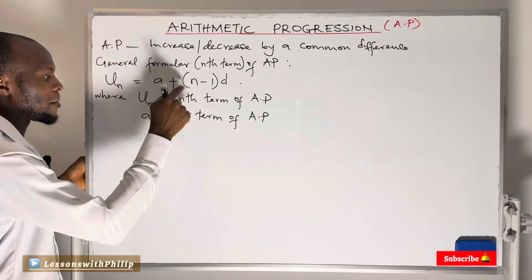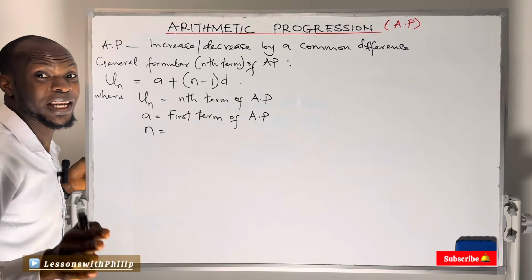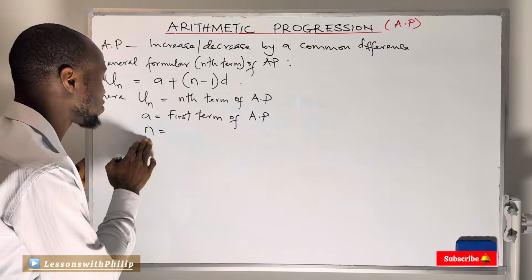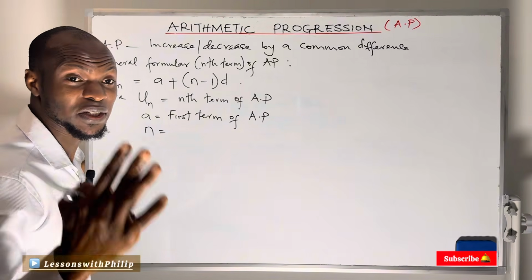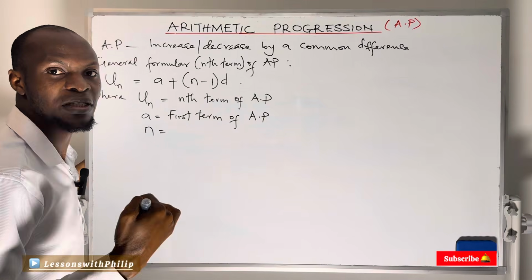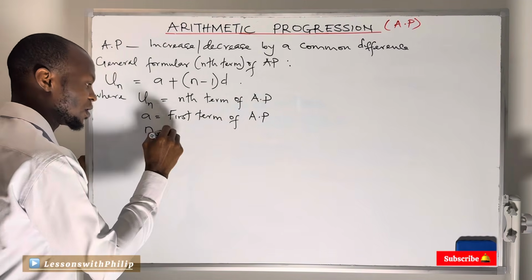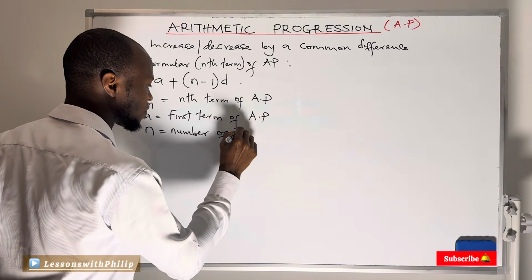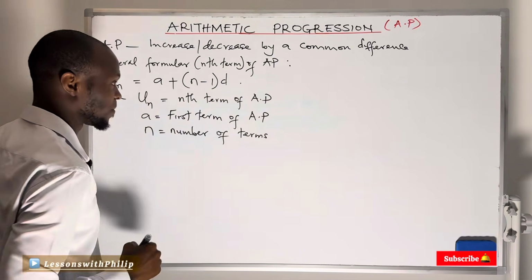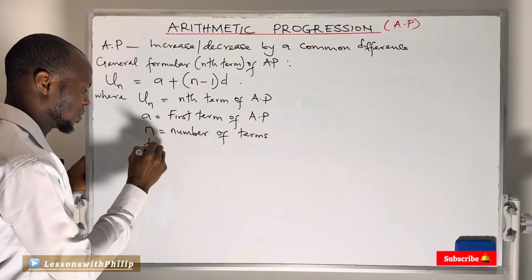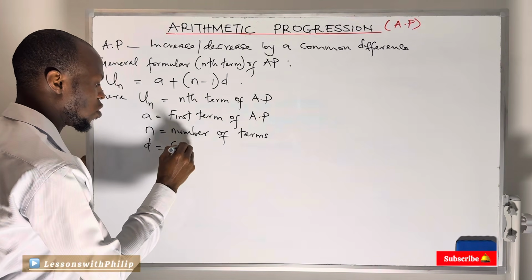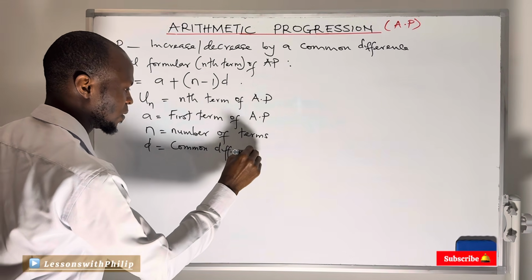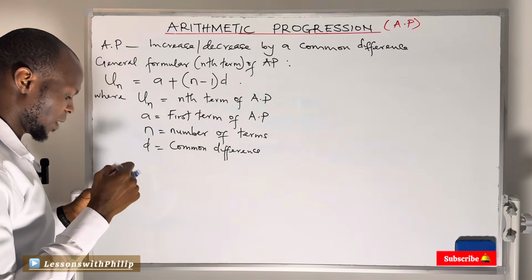Take note: in any sequence, either AP or GP, geometric progression or arithmetic progression, anytime you see n, it is known as the number of terms in the sequence. Next is d, which is known as the common difference. Take note of this formula.